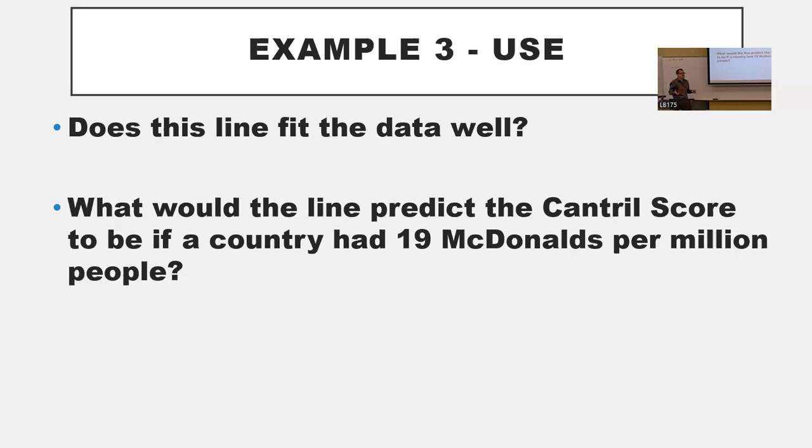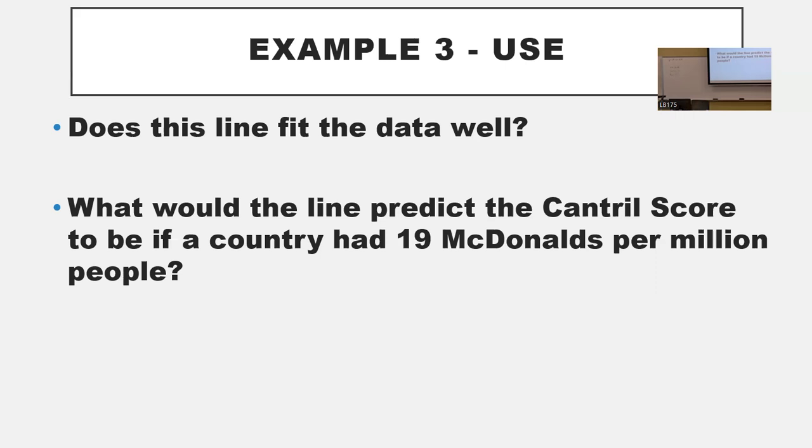So does this fit the data well? The answer is, for our class purposes, no. We get an R value which, in absolute value, is under 0.75. So I'll say that the line is a bad fit to the data. Now, in reality, if we had a line which is a bad fit, we probably wouldn't use it.